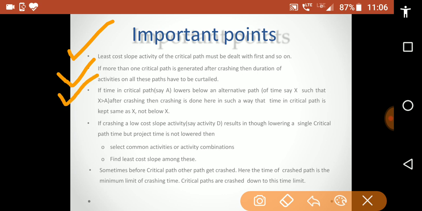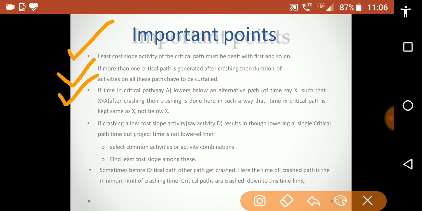Next, if the time on the critical path, say A, is lower than an alternative path with time, say X, such that X is greater than A after crashing, then crashing is done in such a way that the time on the critical path is kept at X and not below X.